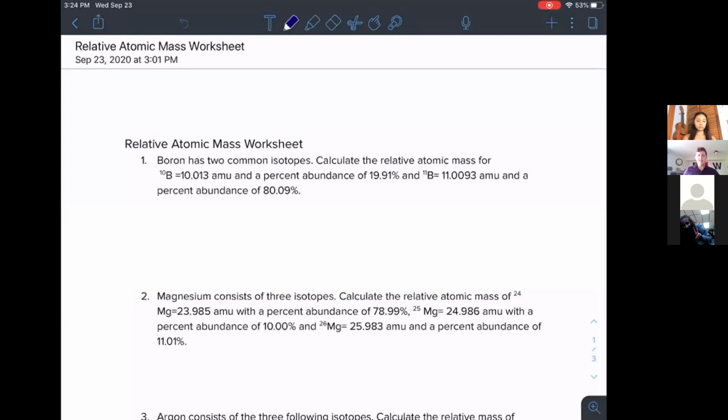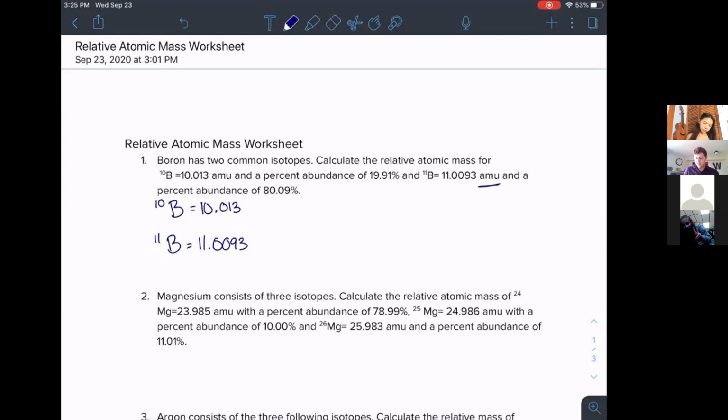So a couple things we need to know in this problem. The first one being we have boron 10 and we have boron 11. So we have 2 different isotopes of boron, and it tells us the mass of each one. So this one has a mass of 10.013, and this one has a mass of 11.0093.